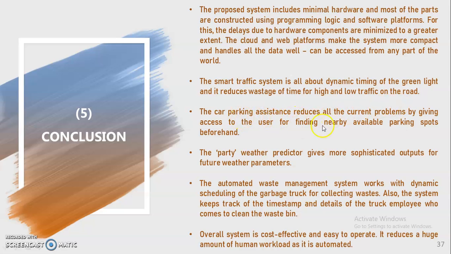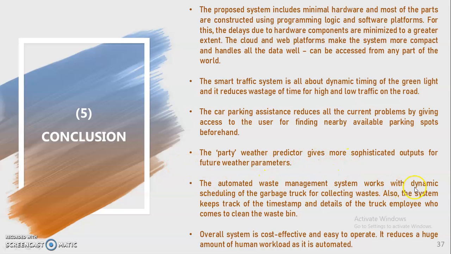The car parking assistance reduces all the current problems, because we don't have to go and search for parking spaces manually anymore. For this model, we can just see the available parking lot through the website. The package in the weather prediction gives more sophisticated outputs for weather parameters, just as we saw in the algorithm which we discussed, and this is one of the findings.